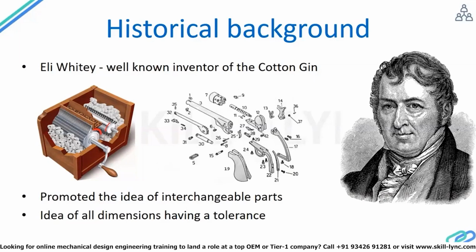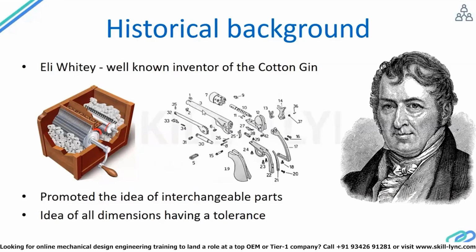The main idea behind this idea of interchangeable parts is to have a tolerance for all the dimensions of a part. For example, if you see the barrel of the gun, the length will have a dimension, right? And his idea was mostly rooted so that this length dimension will have a tolerance for it.